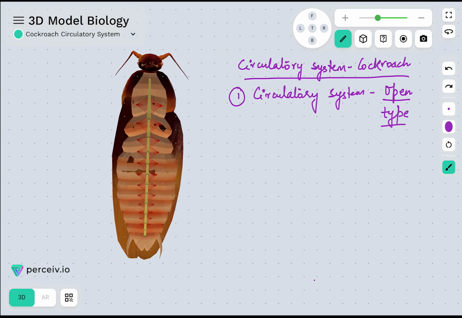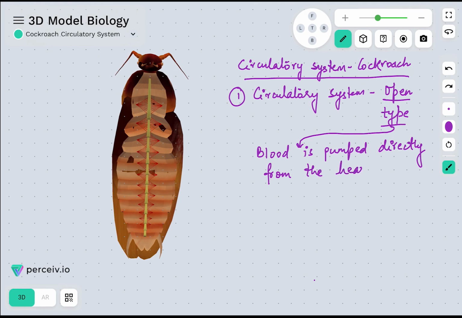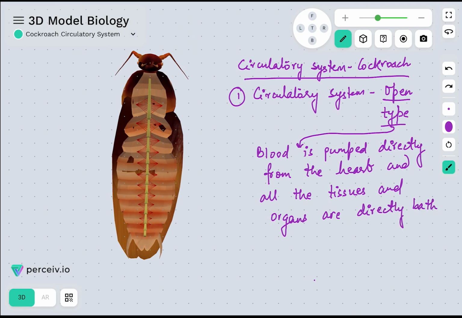There are no defined vessels, no defined arteries or blood capillaries through which the blood is going to flow.